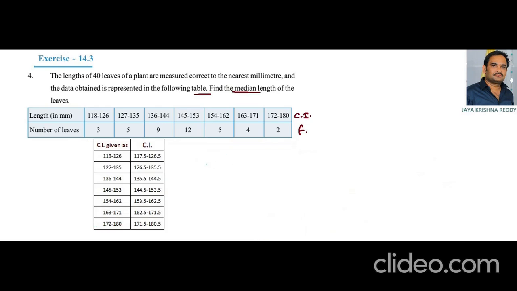Now let us go with the next column, the frequency column, that is already given in the question. Next, the CF column, cumulative frequency.